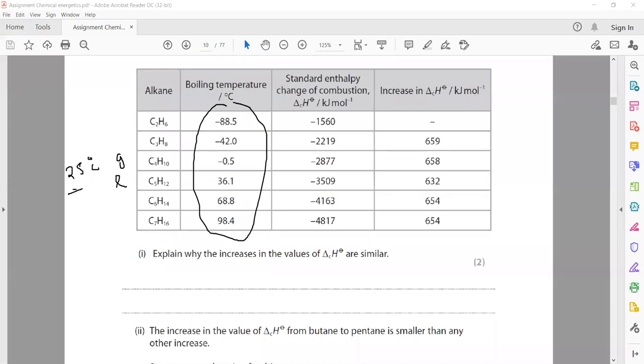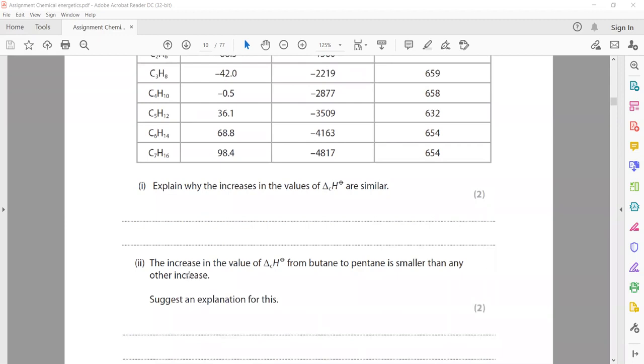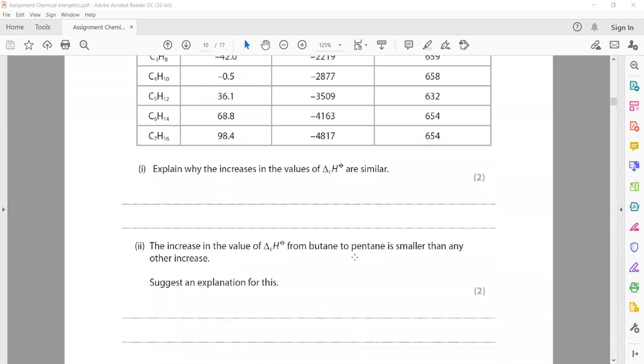Normally a liquid needs energy first to vaporize and then burn. That is why some of the energy released during combustion is absorbed by the pentane to convert from liquid to gaseous state. Is it clear? The question says the increase in enthalpy change of combustion from butane to pentane is smaller than any other increase.